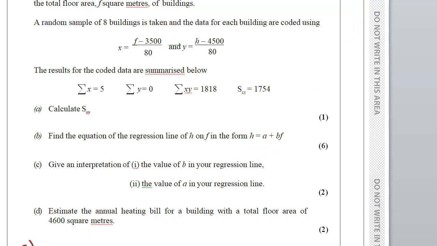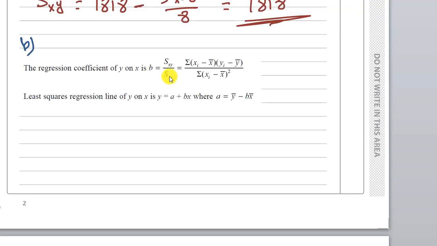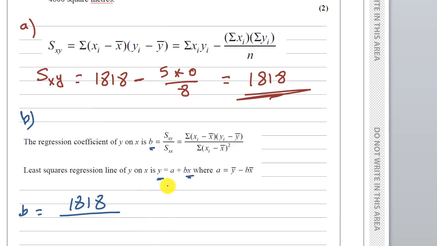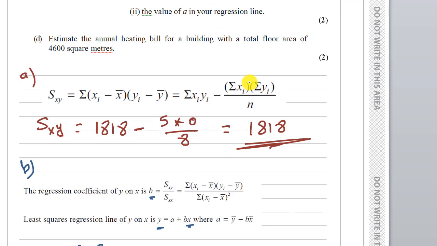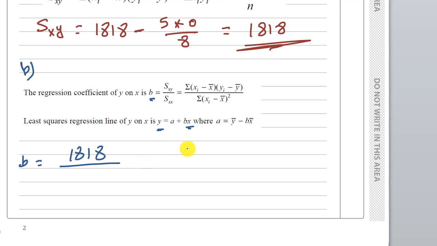Find the equation of regression line of h on f in the form of h equal to a plus bf. So this is the equation from y and x. So we need to find b. So b is equal to sxy, 1818, divided by sxx, which is 1754.